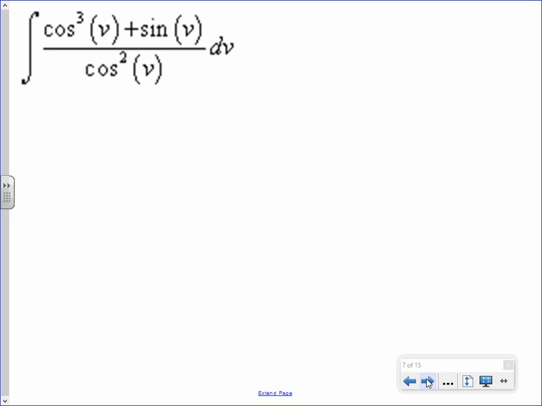Okay. We need to rewrite it into functions that we are more familiar with to take antiderivatives of. So, cosine cubed divided by cosine squared would reduce to what? Plus sine over cosine squared. We could do a tangent. Sine over cosine is tangent.